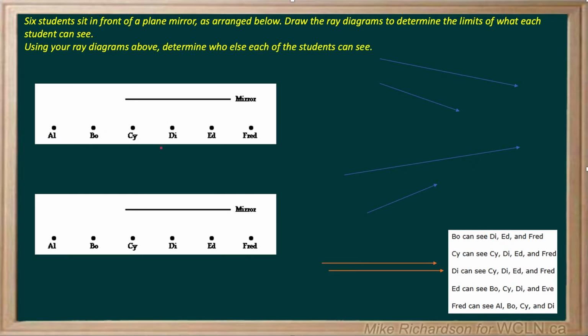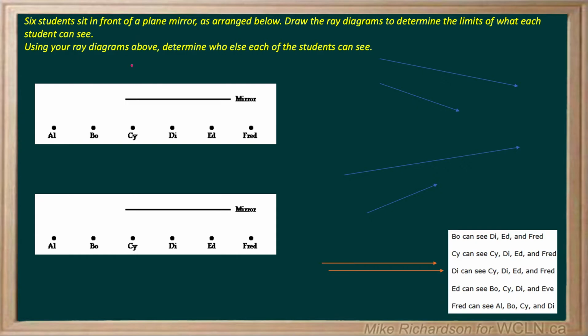Well, let's do this a couple of different ways, because both methods will actually answer the same question. If I want to figure out who sees who, it's all about reflections. And we know that in a flat planar mirror, all the images are exactly opposite the person, equal distance on the other side.